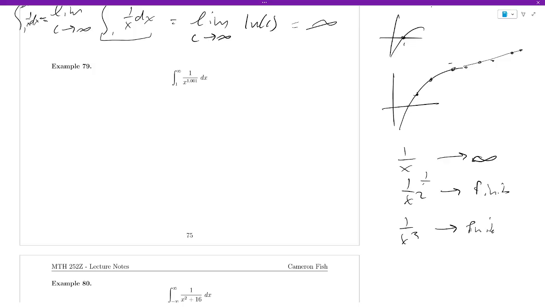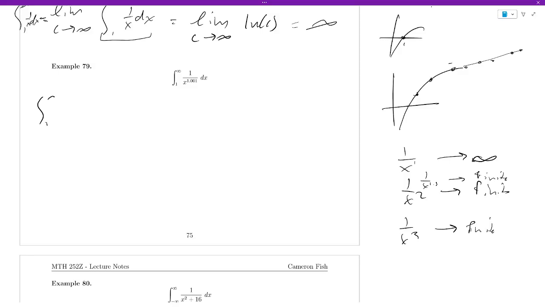And if you try 1 over x to the 1.5, you also get a finite number. Remember, 1 over x is sort of like x to the 1. So there seems to be some sort of pattern here. So we're just going to investigate what happens when you get really close. Let's try x to the power that's really close to 1. So we're going to try 1.001.